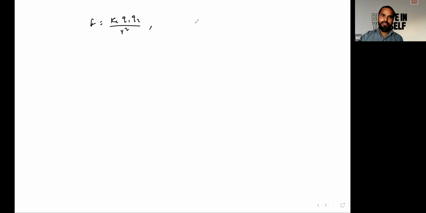Okay. So next part is, as force is equal to K Q1 Q2 over r square, K is the electric constant, which is equal to 1 by 4 pi epsilon naught. What is this particular term here? Absolute permittivity. What does it define? Or what do you mean by permittivity?